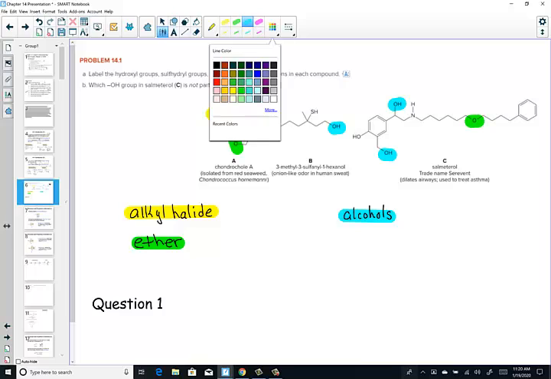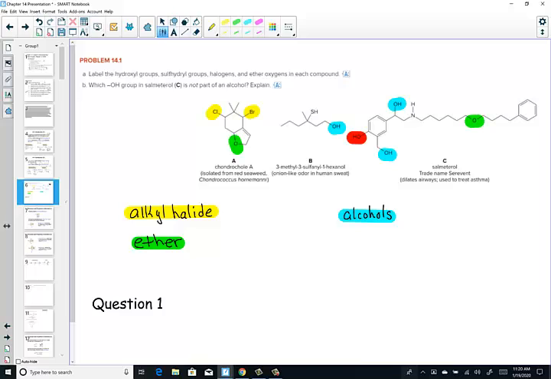I'm going to make it red. And I'm going to highlight this one right here, because I want to clearly make it different. That is not technically an alcohol because it's directly bonded to the benzene ring. This is a special molecule we learned as phenol. It's a derivative of benzene.